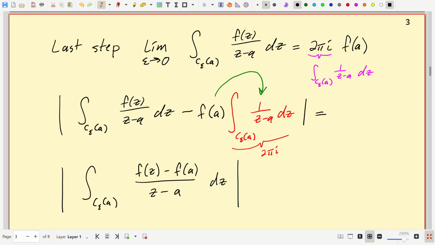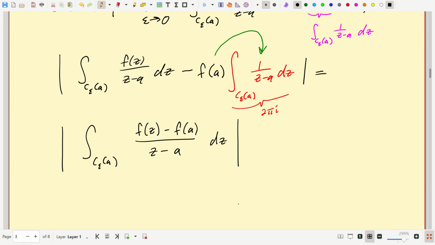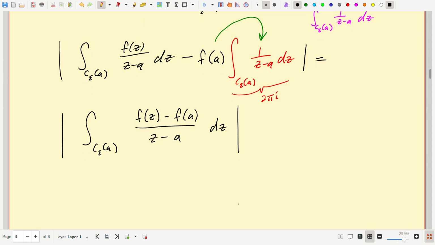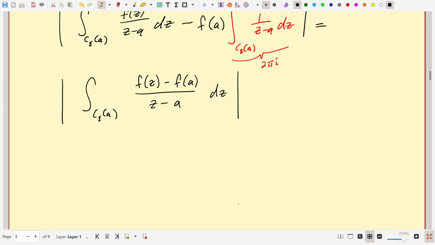And of course, that thing goes to a limit, that goes to f prime of a. And we're integrating around a little tiny thing, so that has a maximum, and times the length of the curve, that's going to give me something that goes to 0. In fact, I don't actually need very much to show that this tends to 0.